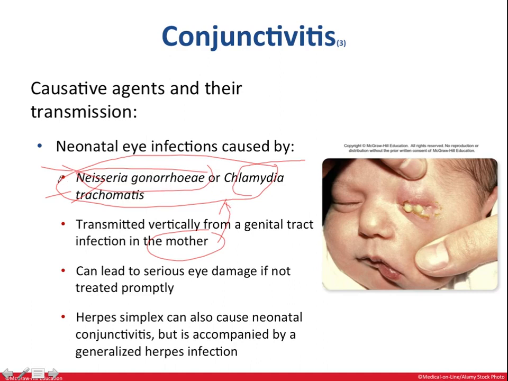So the NG can cause severe eye damage if untreated. Herpes can also cause neonatal conjunctivitis, however, the mother has to get the herpes infection first.